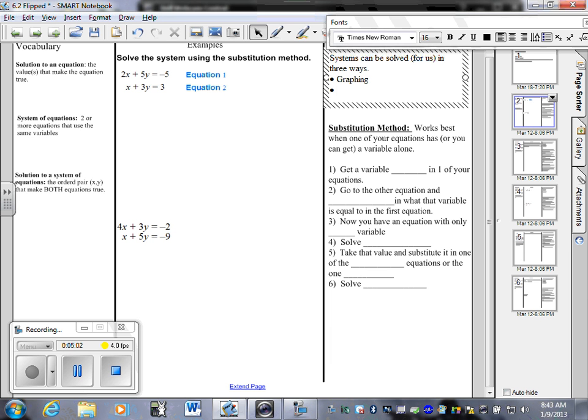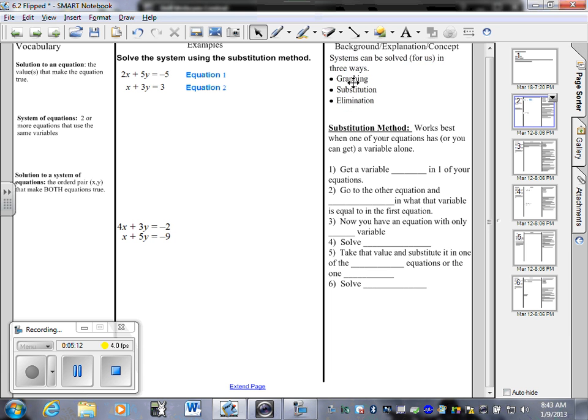Today we will be talking about a method called substitution. And the third method we will get to in a few days. It's called elimination. Keep in mind, for us in Algebra 1, there's going to be three techniques we use. There's more than these three, but for Algebra 1, we're going to use graphing, substitution, and elimination.